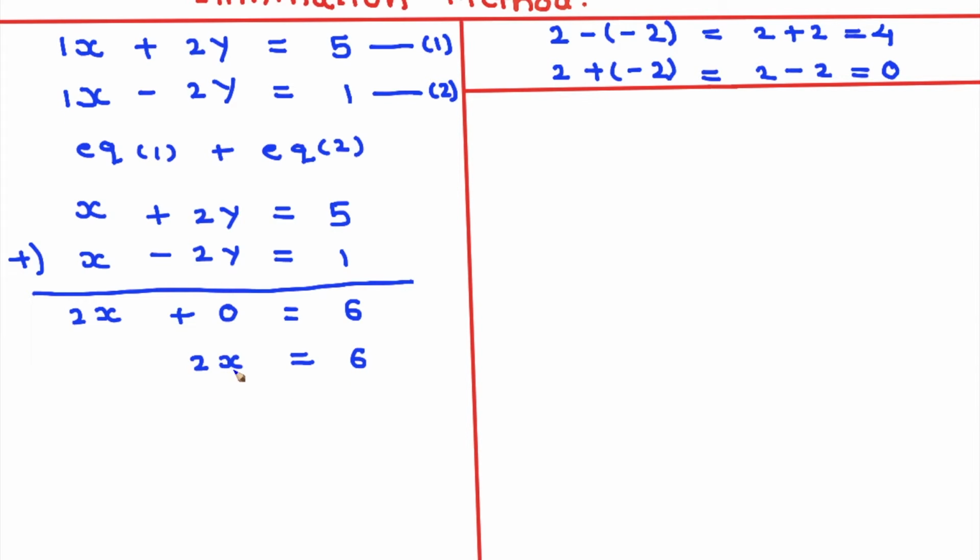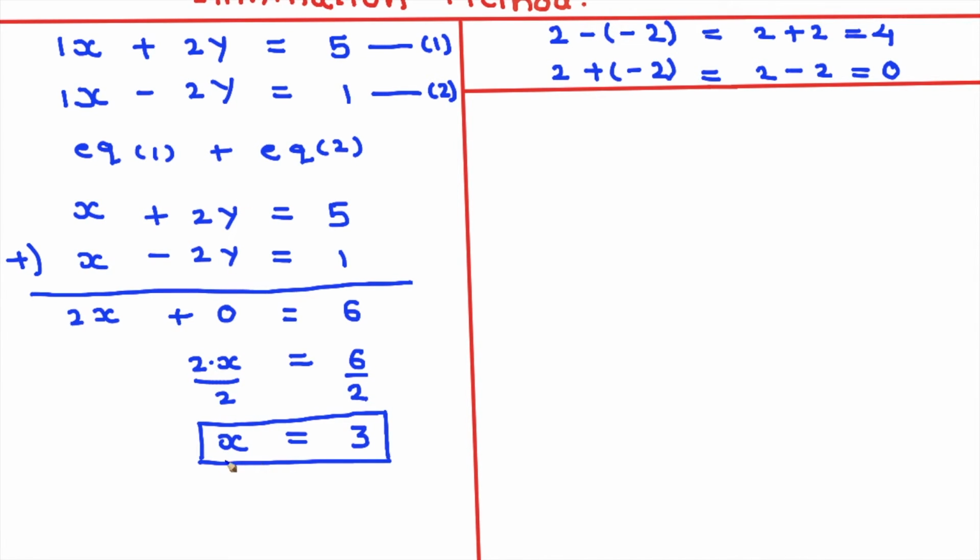Now for finding the value of x, we need to get rid of this 2, which is multiplied with x, so we divide by 2 on both sides, which gives us x equal to 6 divided by 2, which is 3. So by this process of elimination, we got rid of y, we eliminated y, and we found out the value of x.